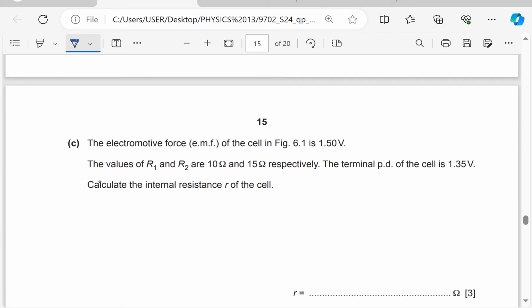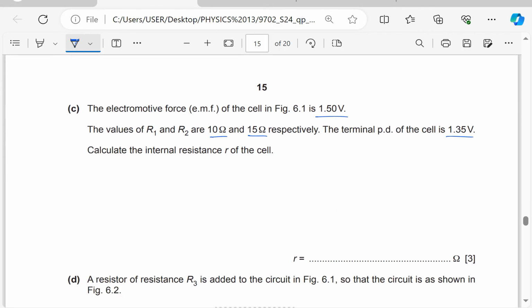The EMF of the cell in the figure is 1.5 volts. The values of R1 and R2 are 10 and 15 ohms respectively. The terminal PD of the cell is 1.35 volts. Calculate the internal resistance r of the cell. Okay.